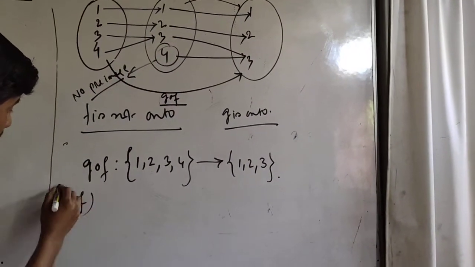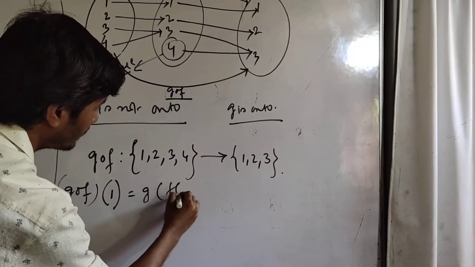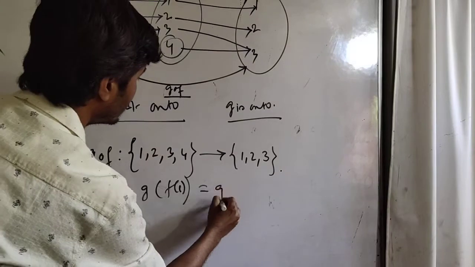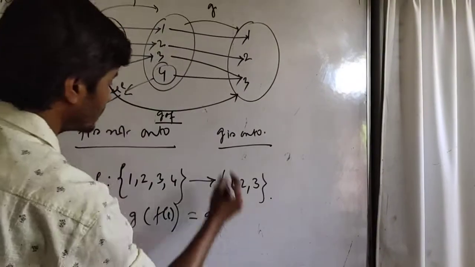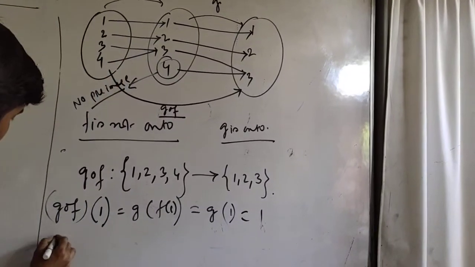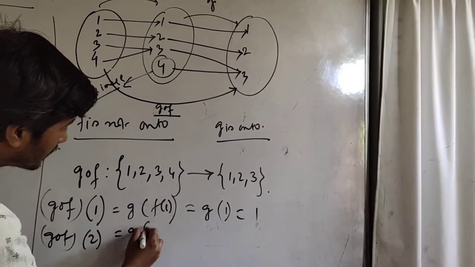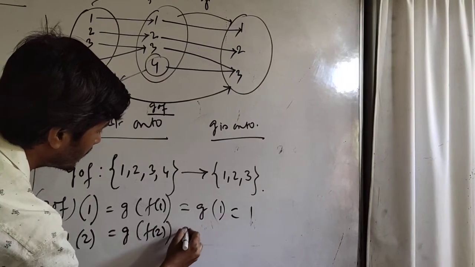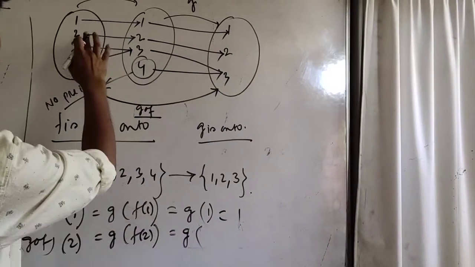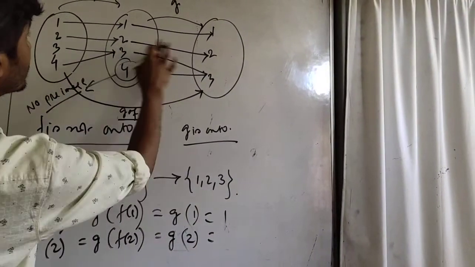The images are obtained as follows: Z of F1 equal to Z of, what is F1? F1 is 1. Z of 1, again Z of 1 is what? 1. Z of F2 is Z of 2, since F2 is 2, and Z2 is 2.